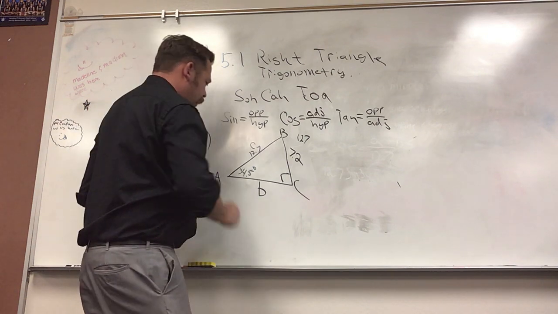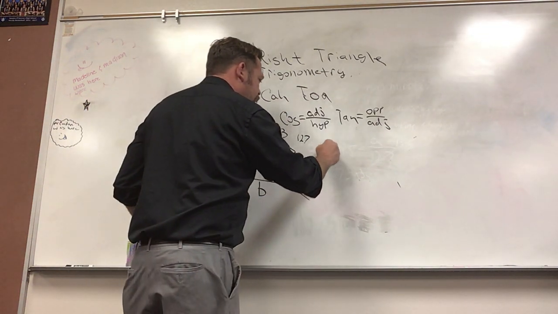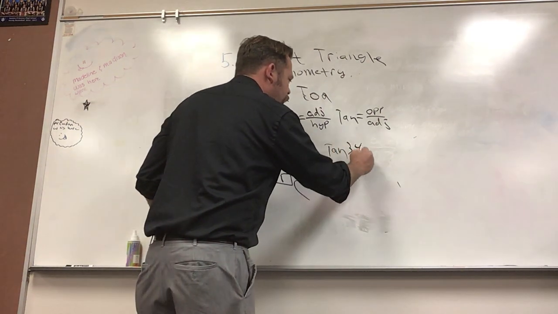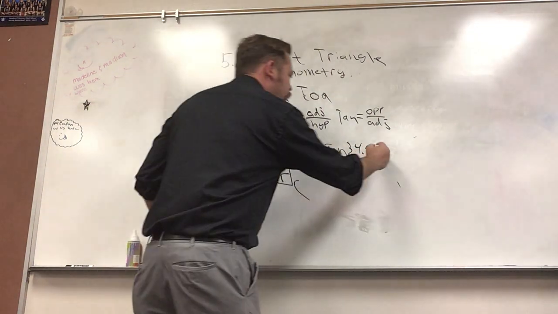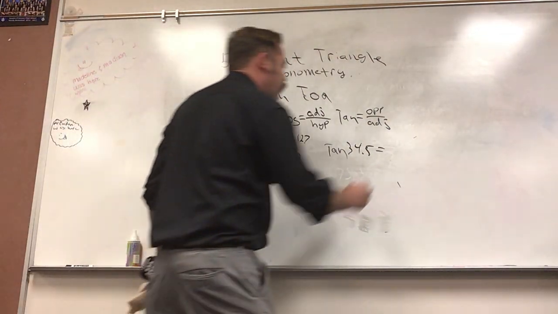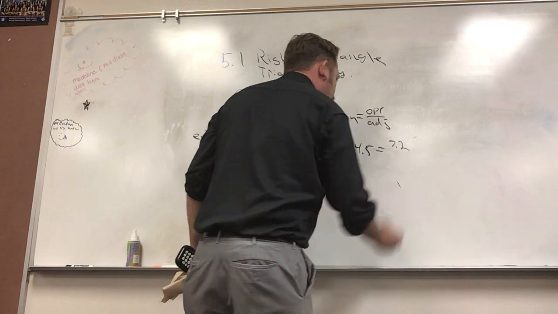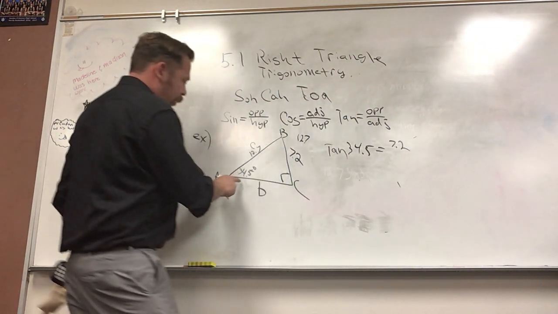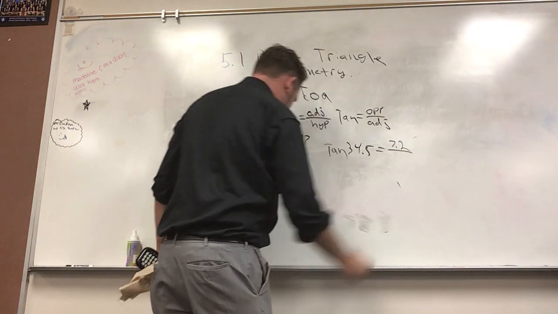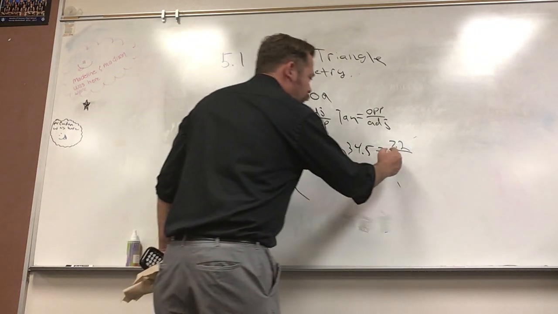I'm going to say tangent of 34.5 is equal to the opposite, which is 7.2, over the adjacent, and the adjacent side is b.